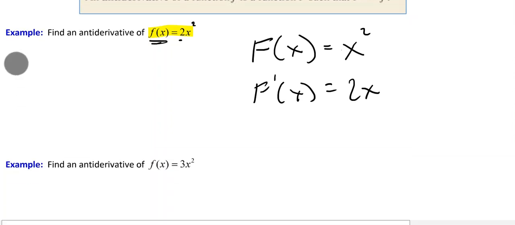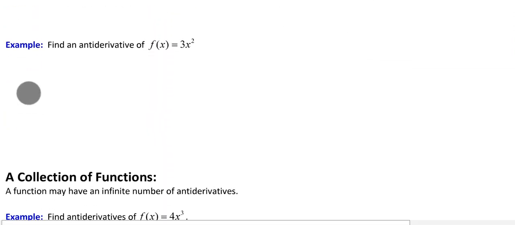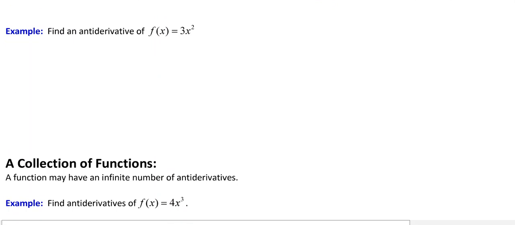Let's do another one. Take a moment and see if you can figure out if this function is the derivative of some other function. What would capital F of x, the antiderivative of f, have to be? Well, if you said x cubed, you would be absolutely correct.